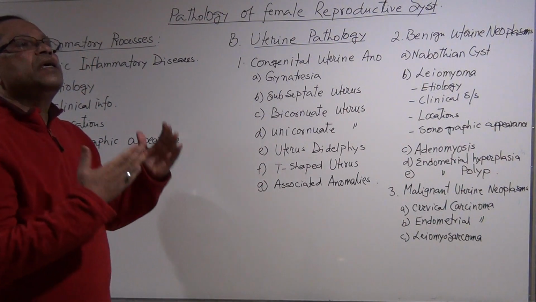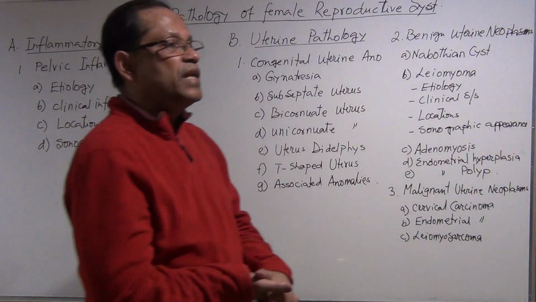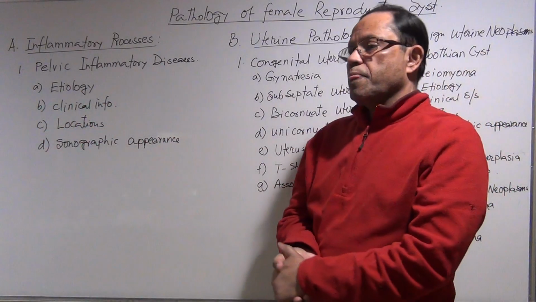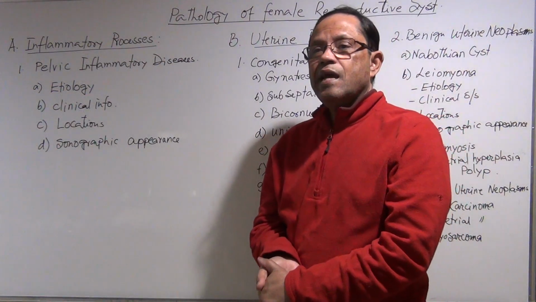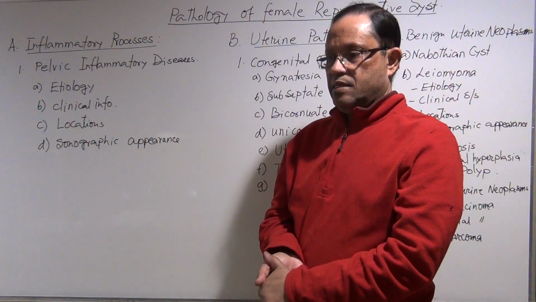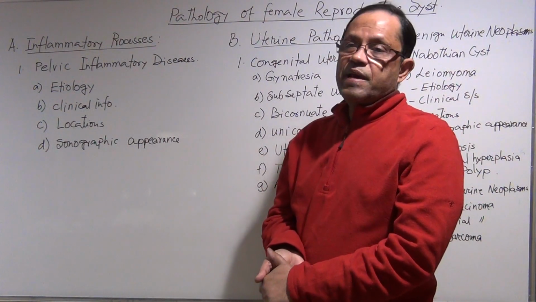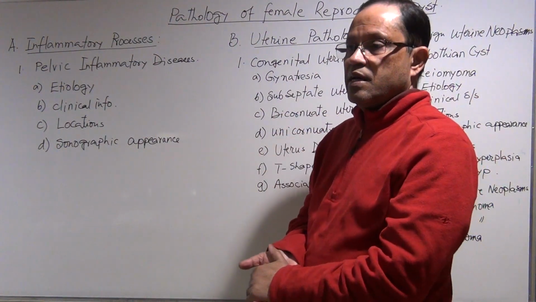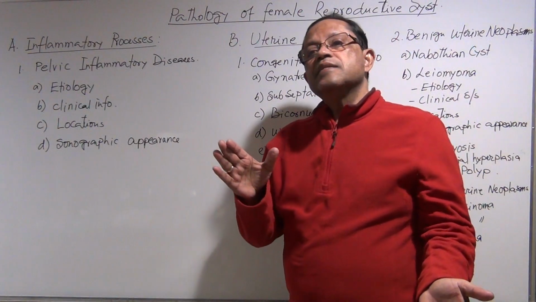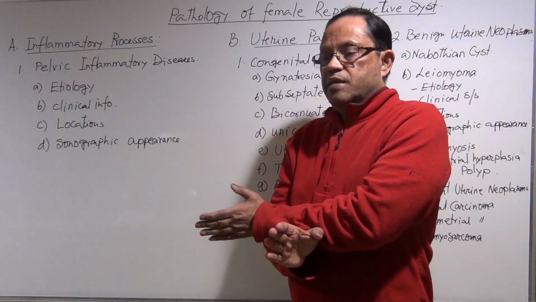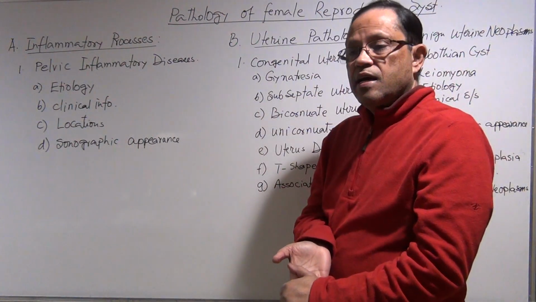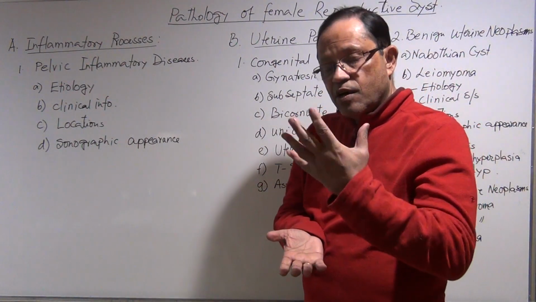Then a solid mass is another pathology, and it can be benign or malignant. The malignant and benign versions of a solid tumor may have a cystic component. For example, adenoma is solid, right?